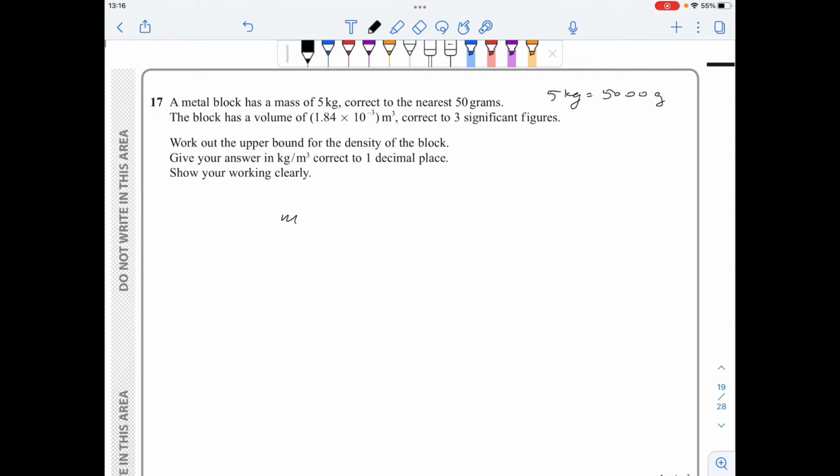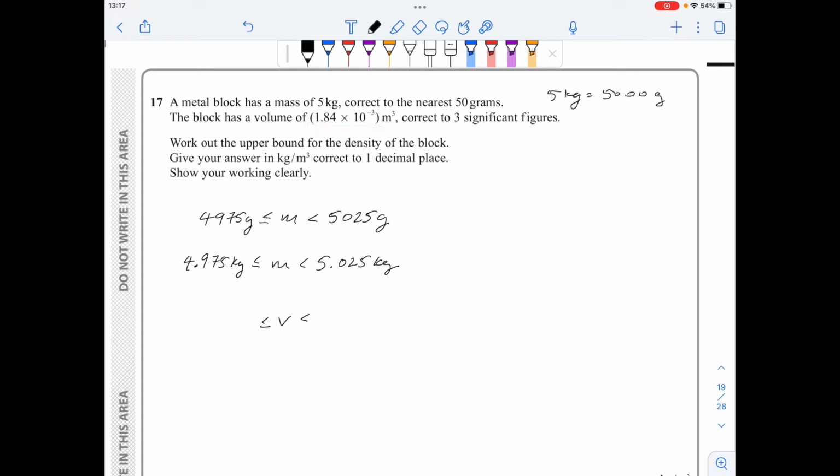So M is between 4,975 grams and 5,025 grams. If I convert this back into kilograms, that's 4.975 kilograms, 5.025 kilograms.